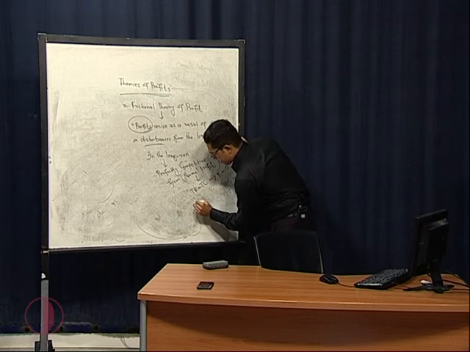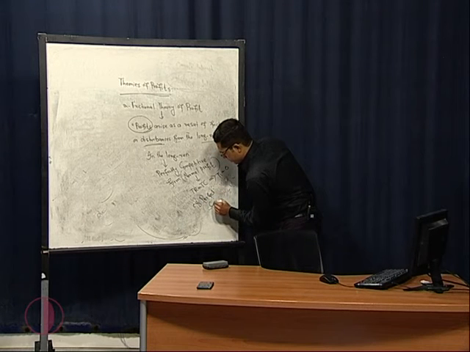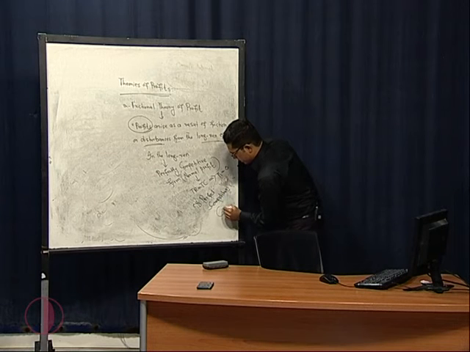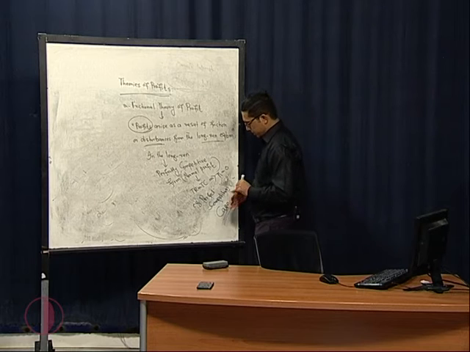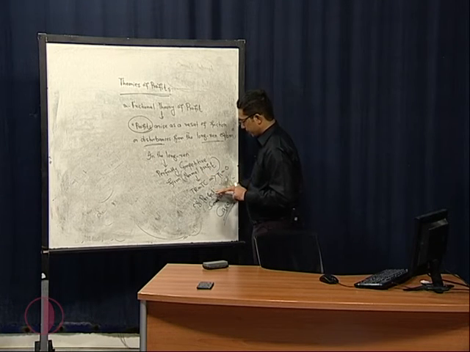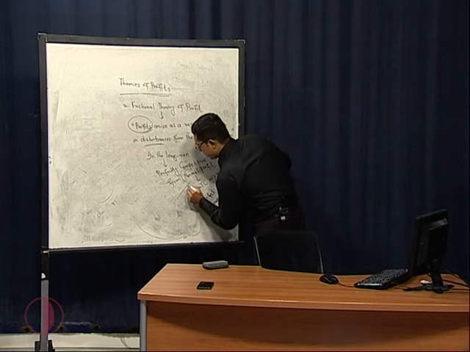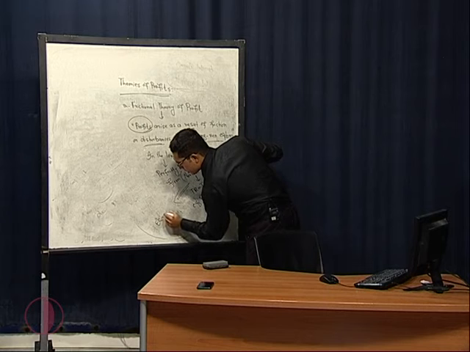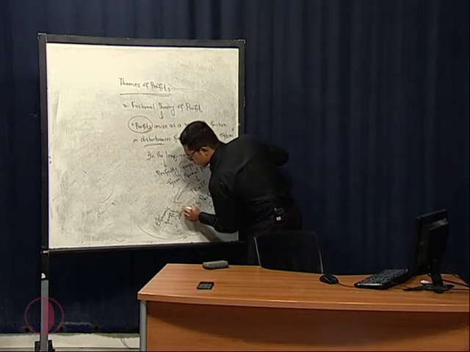For example, in the perfect competition case, the firms and industries earn normal profit in the long run. So if the profit is normal, it means that economic profit is zero.